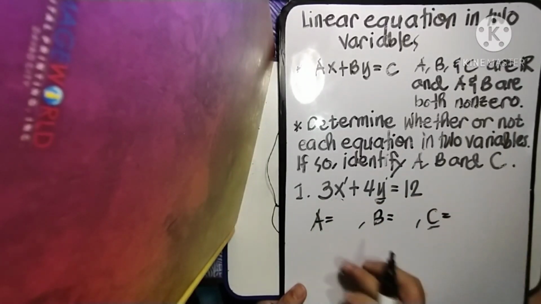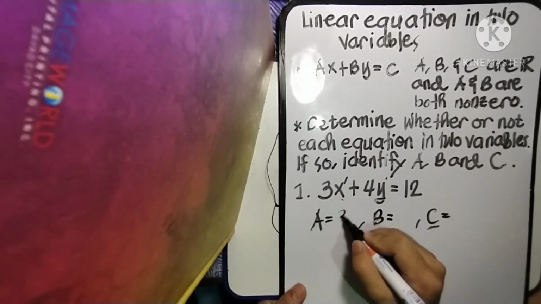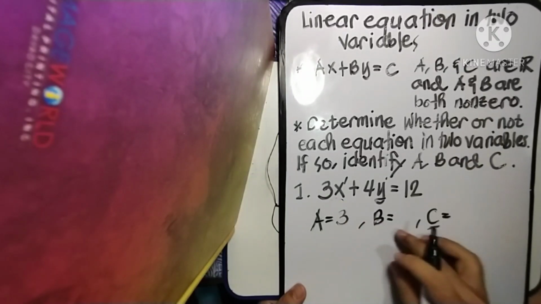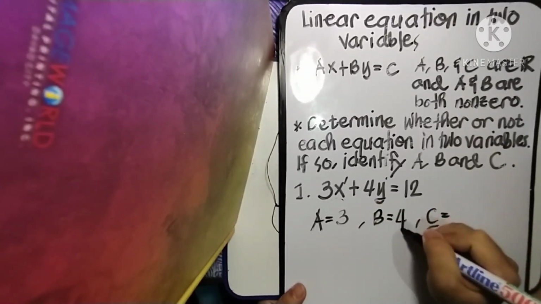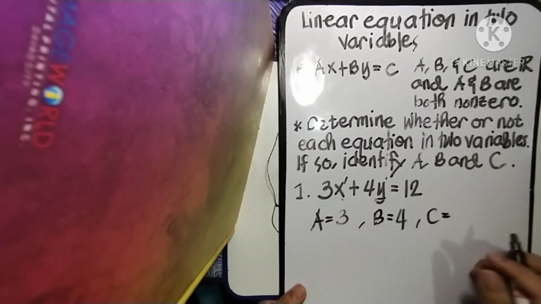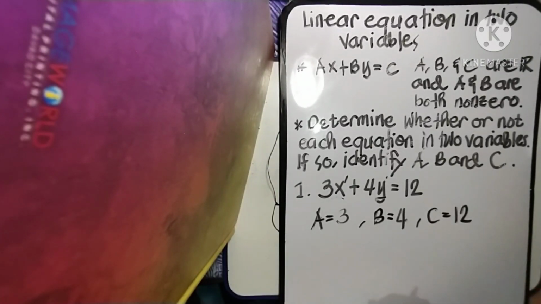So let us identify what is the value of a. So beside x, this is positive 3. Next, what is the value of our b? So beside y is positive 4. Then our constant or c is equal to 12. So therefore, this is an example of linear equation in two variables.